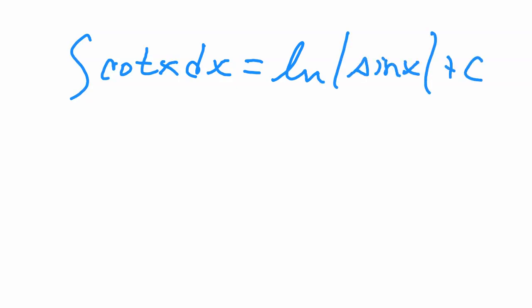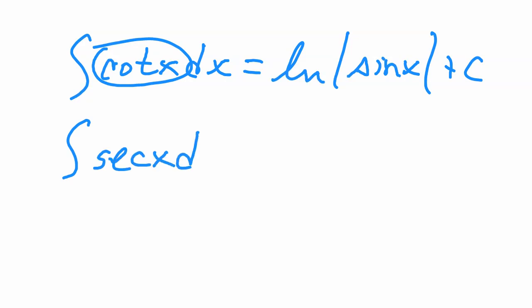Okay, I'm going to let you take the derivative of the right side and make sure that you end up with cotangent x, which would be 1 over tangent of x, so that would be cosine x over sine x. But I'll let you prove that. We also have the antiderivative of secant x.